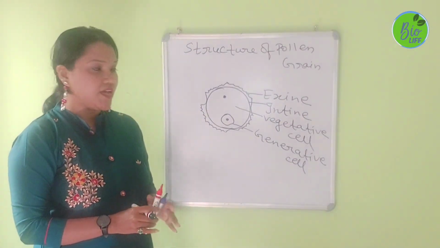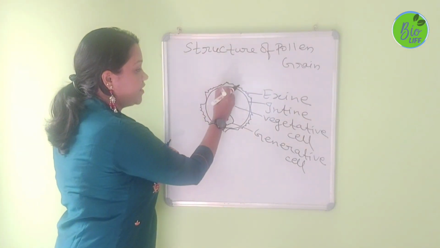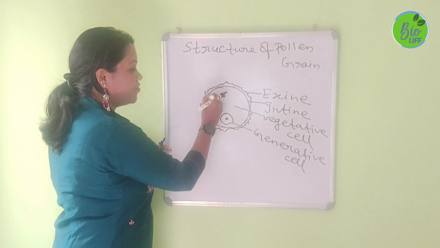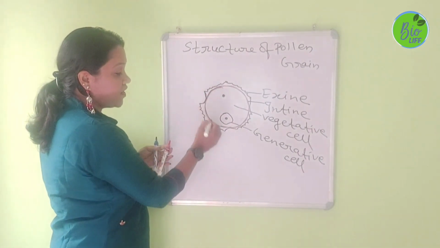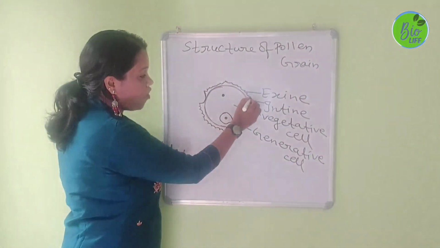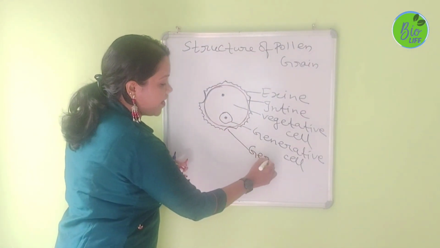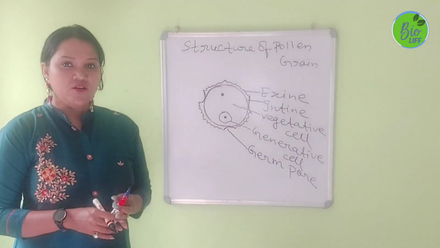As we can see from the diagram, the intine is continuous, but the exine is not continuous, and those places are called germ pores.